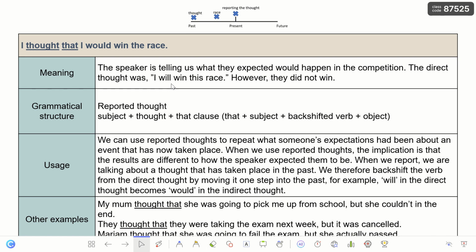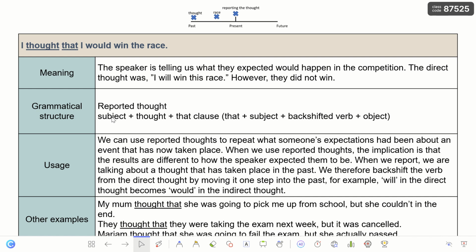Pay attention here that the tense in the direct speech was in the future, while when we reported that, we used what? We used past, thought, and would. Why? Because reported speech is based on back shifting. What does it mean, back shifting? Back shifted verb means to change the tense or the verb one tense back, from present to past, from past to past perfect.